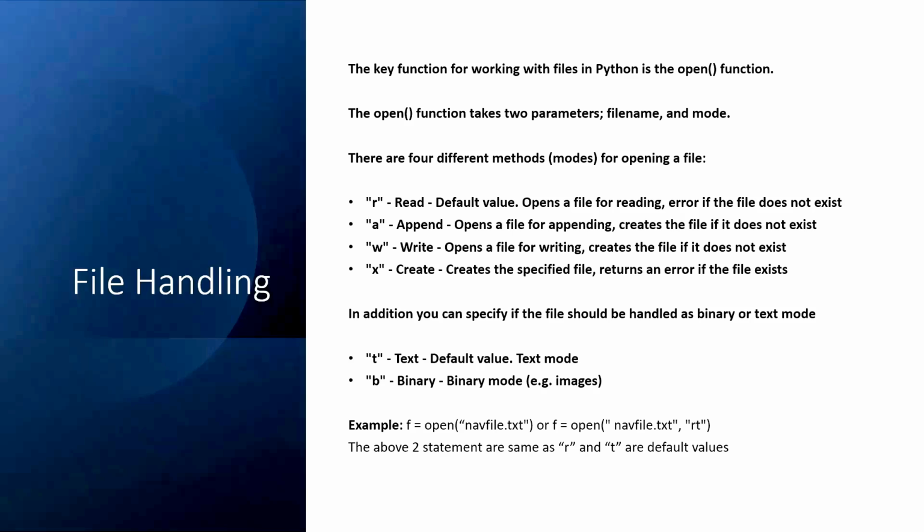In the example shown at the bottom of your screen, you can say f equal to open, name of the file, and close the bracket. The default value will be RT, or you can specify both the file name and the mode, which is RT, or any other mode you want to work with.